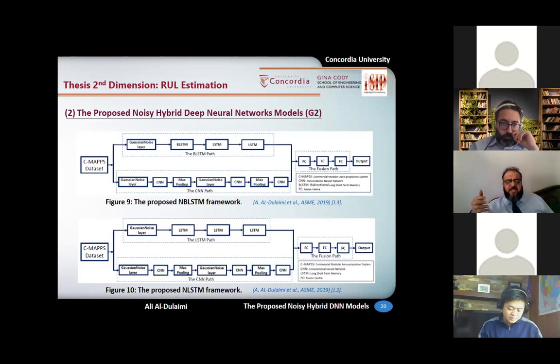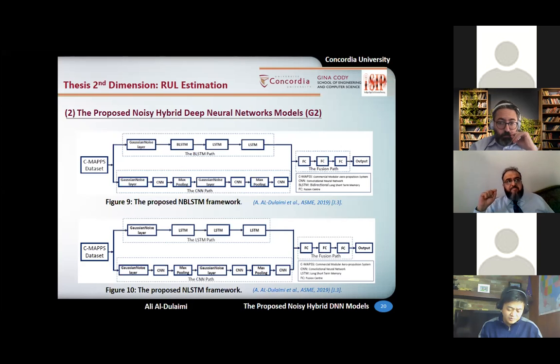In the literature, there is a long list of proposed techniques for the training stage. Among this long list, adopting noise training or adding random noise is an effective approach to increase the robustness and reduce the generalization error.